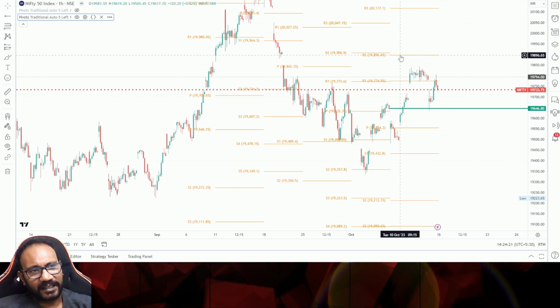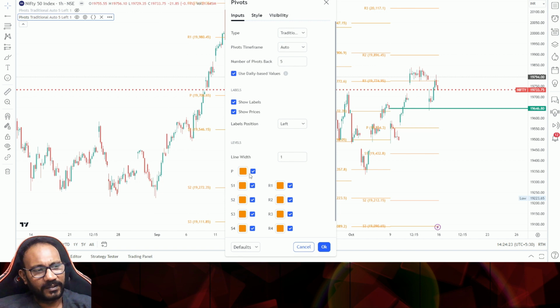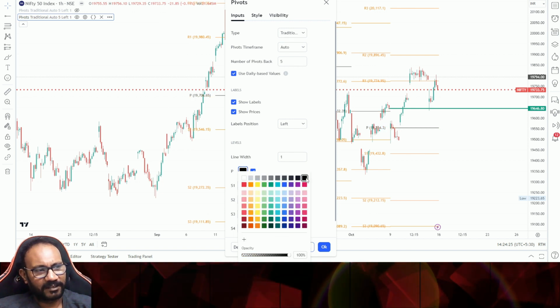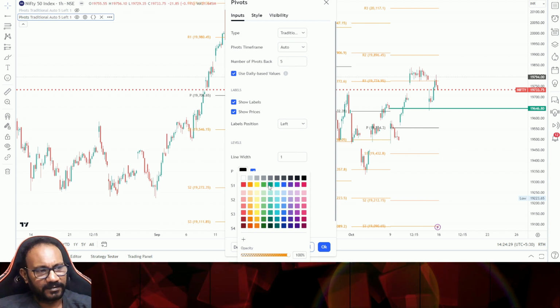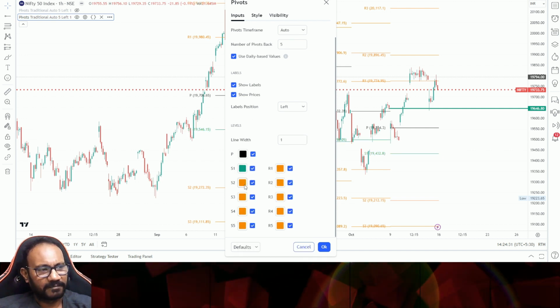Now, that is a very nice way to also do color coding. I usually give black for the pivot, and support can be given green. You just do the color coding and change it.